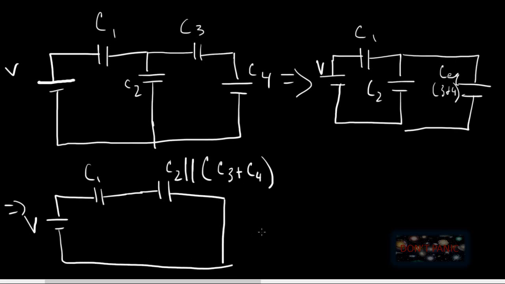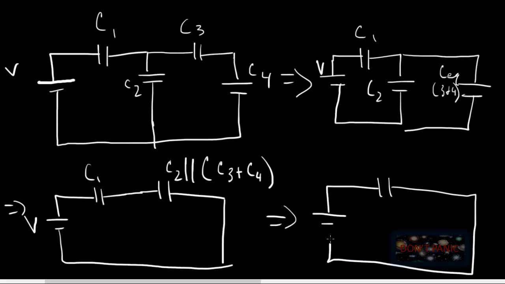Okay, so this becomes this, and then we can simplify this more. So we see that C1 is in series with this capacitor, so it becomes a single capacitor. Okay, where C1 is in series with C2, where C2 is in parallel with C3 plus C4.